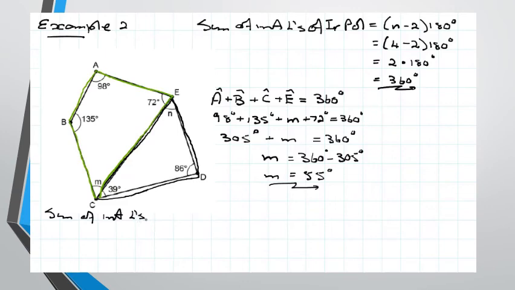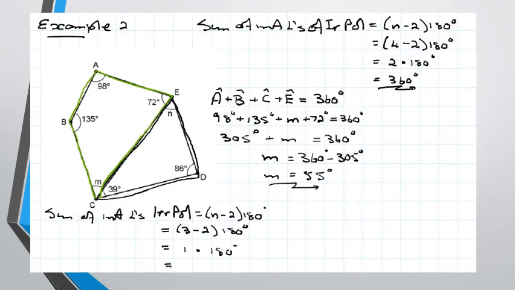Sum of the interior angles, and I'm also going to refer to an irregular polygon equals, and the formula once again, n minus 2 multiply 180 degrees. Therefore, n represents the number of lines, triangle, 3 sides, 3 minus 2 multiply 180 degrees. 3 minus 2 going to leave me with a value of 1 multiply 180.